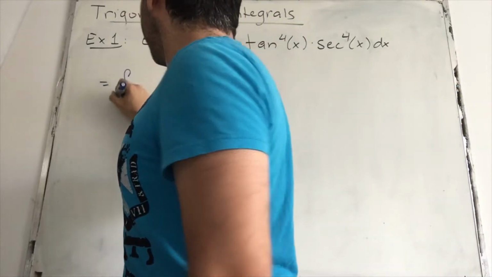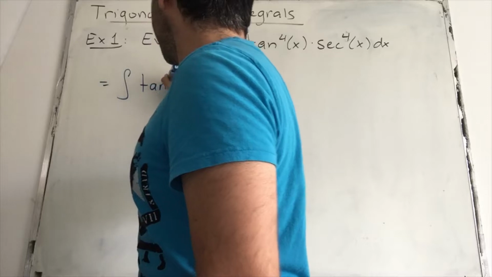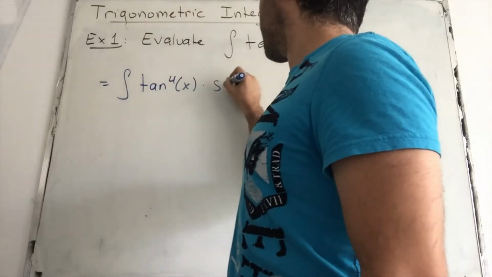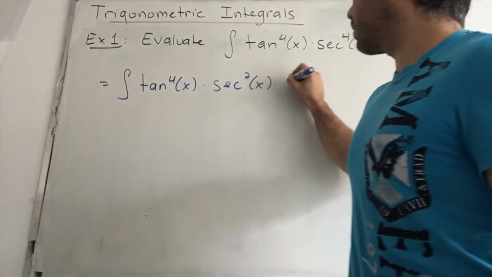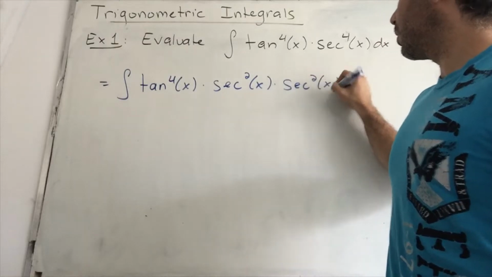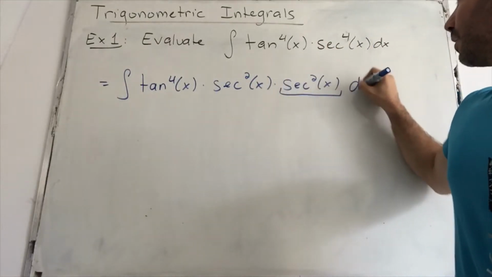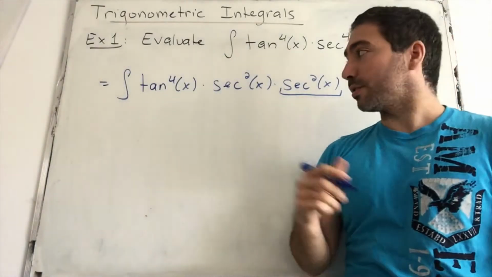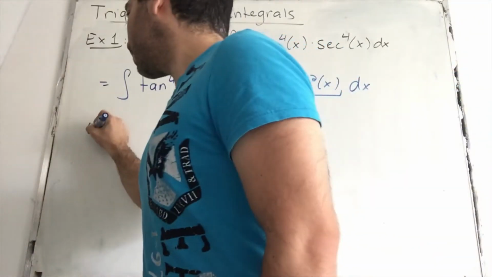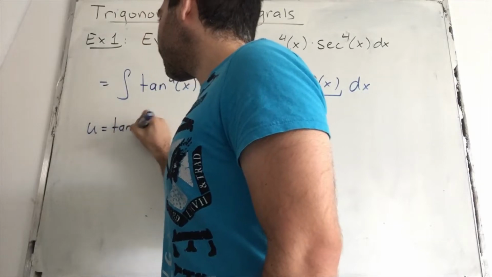So this is equal to the integral of tan to the 4 of x times secant squared of x times secant squared of x. I'm splitting the secant to the 4 into secant squared times secant squared, saving a secant squared, and we're going to let u equal tan of x.